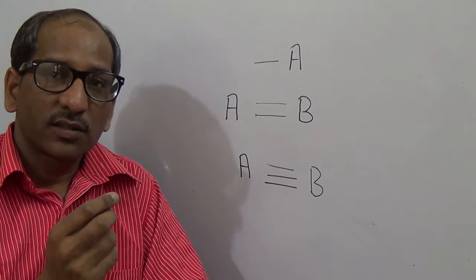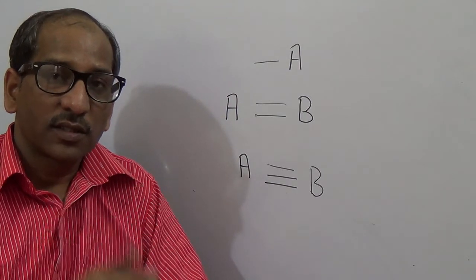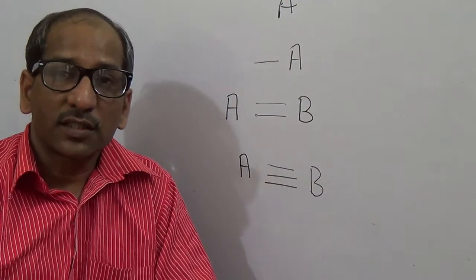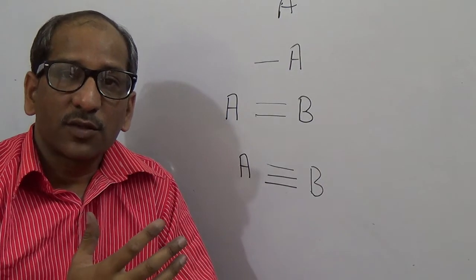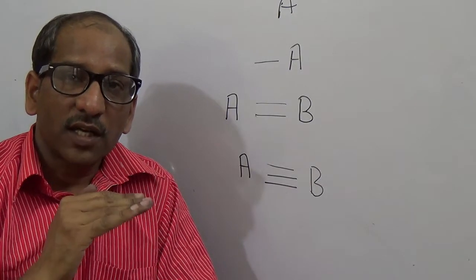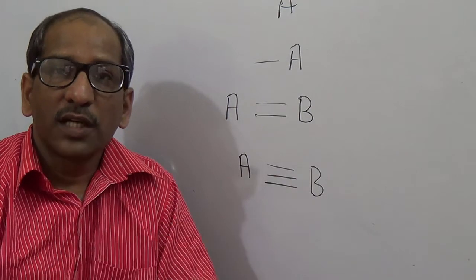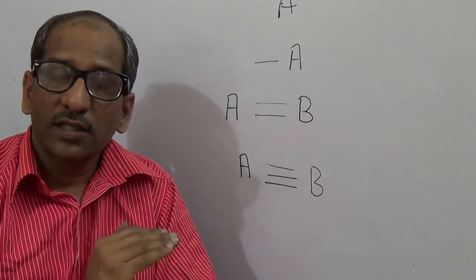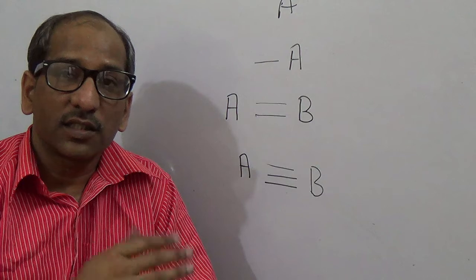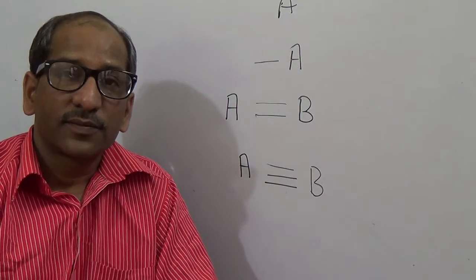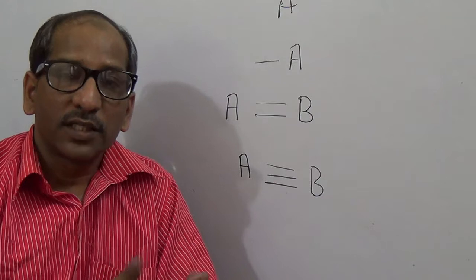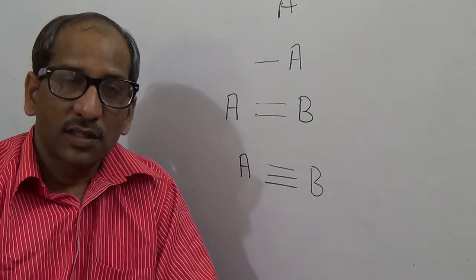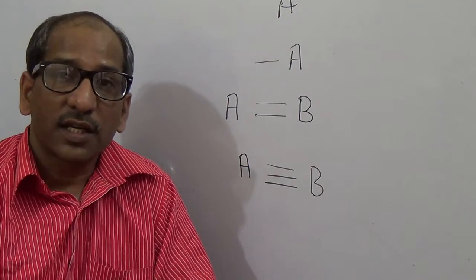Now this is opposite to A. If A is along the positive x-axis and A is a vector quantity, then this single line will represent minus A. It means opposite to A. So a single line is changing the meaning of the physical quantity, and this is the beauty of the single line. That is known as minus in mathematics, but in physics this plays an important role and it changes the direction.